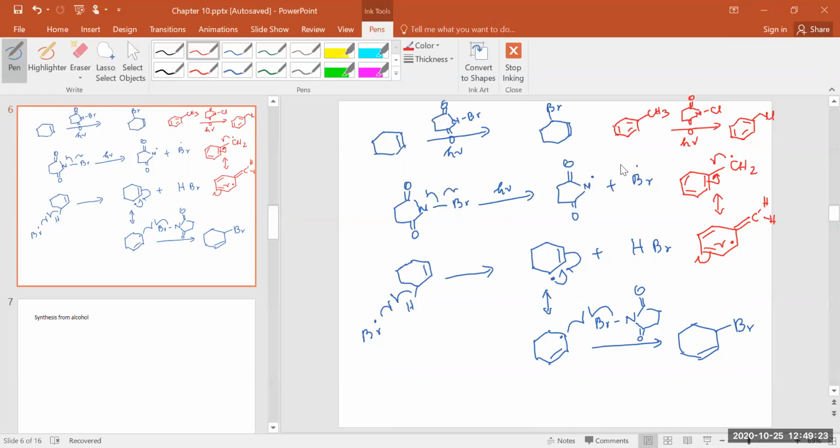Similarly, iodine can react. So here we found that you can add the free radical.